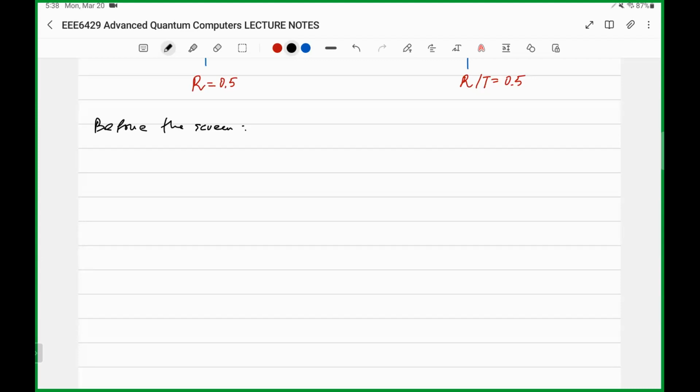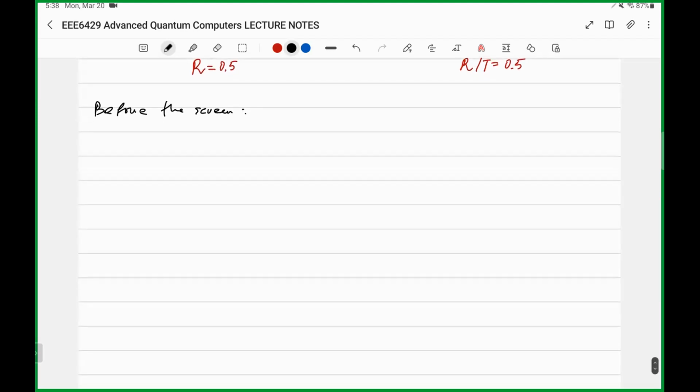chapter. So before the screen, we write the wave function of the photon like this, right? So my photon is located in the left side. So the photon is in the left side of the picture.